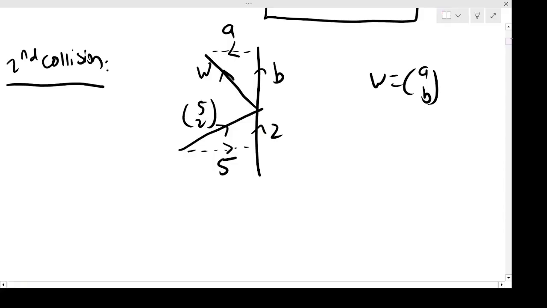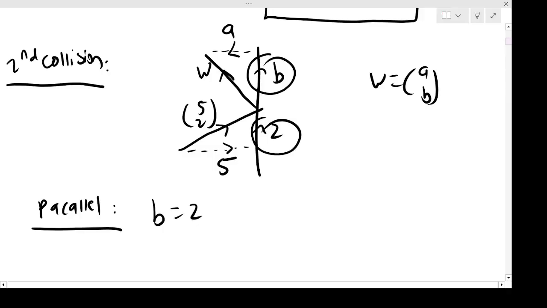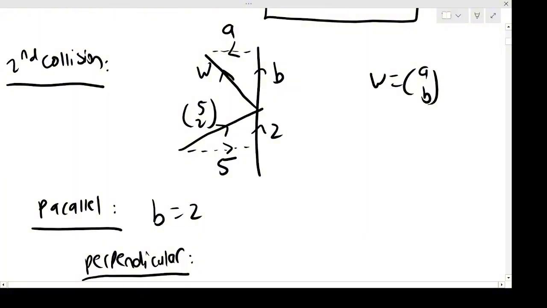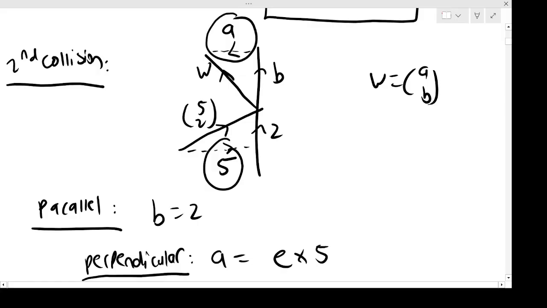So now I can consider the parallel and perpendicular parts in this scenario. The parallel parts along the wall are b and 2, so b equals 2. Then perpendicular, we have a and 5, so a is going to be e lots of the original component 5.